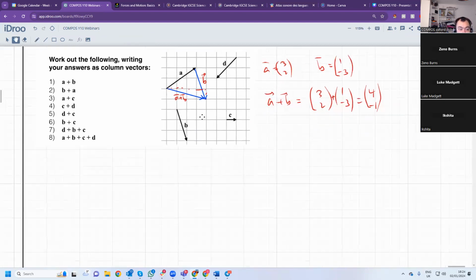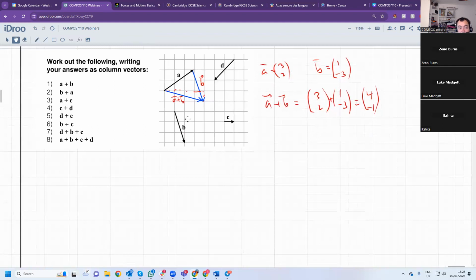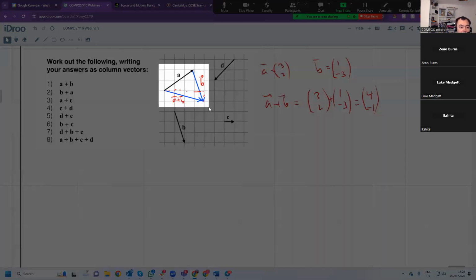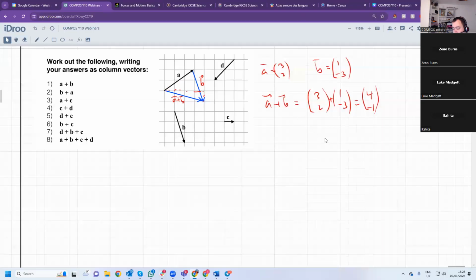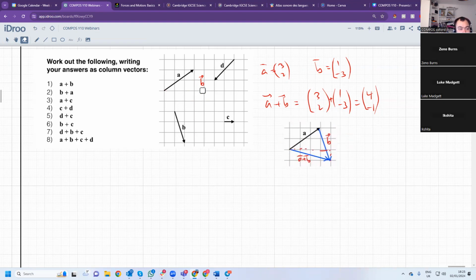You could get the same result if you use the parallelogram rule. You could do it like this, or you could use the parallelogram rule. So you draw the vector B from the same point.